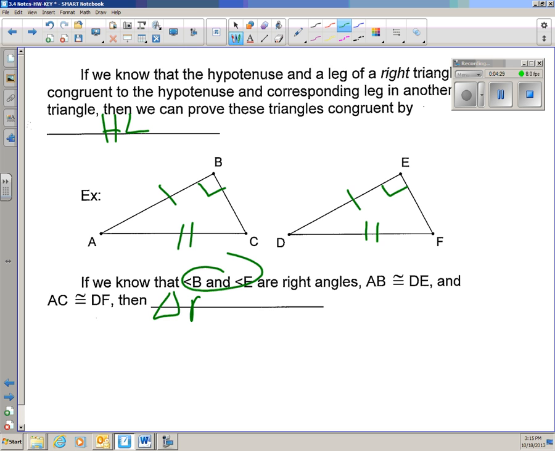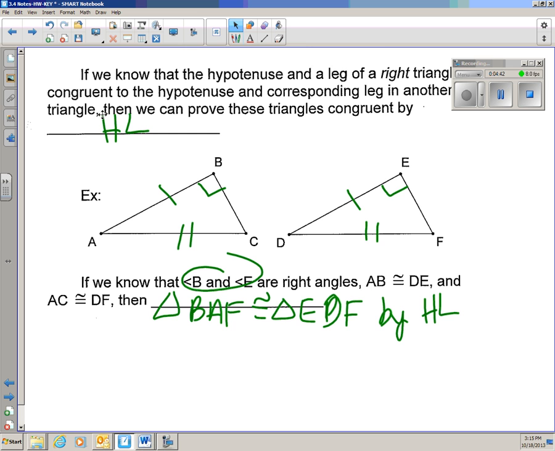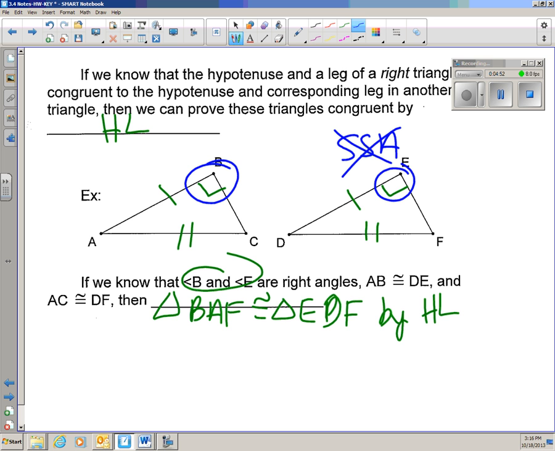Then triangle BAC must be congruent to triangle EDF by HL. Remember, this does show you the two angles and a side. This is a picture of an SSA triangle, but the fact that you're in a right triangle, that gets overridden, and that's where we get to the HL.